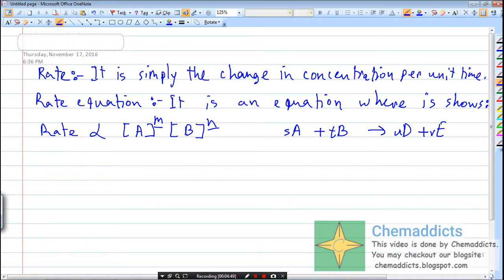Okay, so what are these appropriate powers? m is equal to the order of A, and n is equal to the order of B. Just kidding about the pizza. So m is the order of A and n is the order of B.